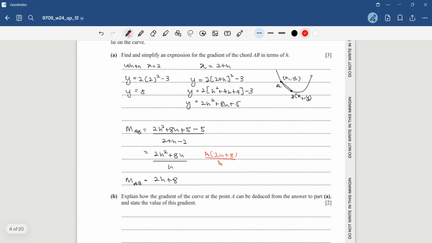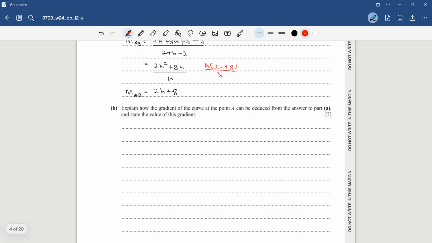Now B, explain how the gradient of the curve at point A can be deduced from the answer to part A and state the value. Okay, if you really look into this, let's say there's a curve and you want to find the gradient at A. So what usually we do, we will use the tangent, the gradient of the tangent.